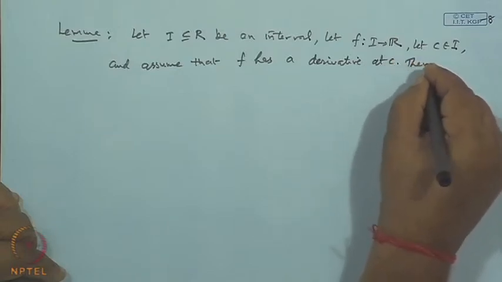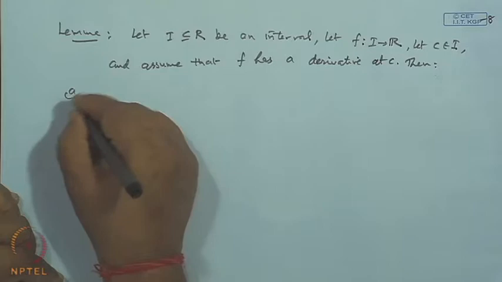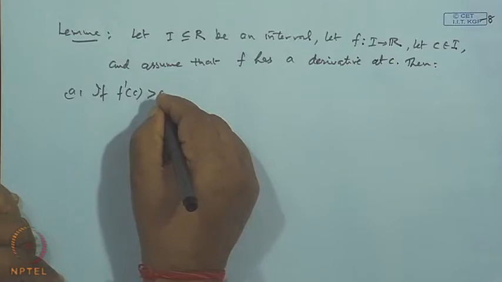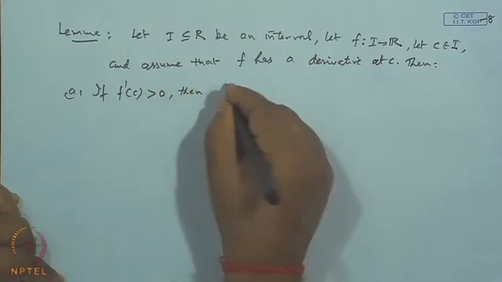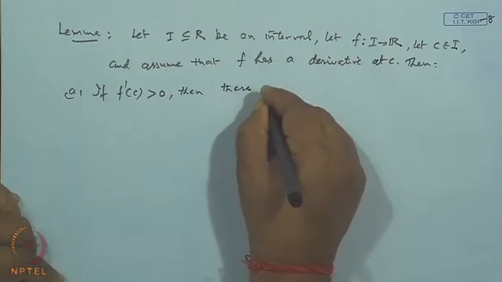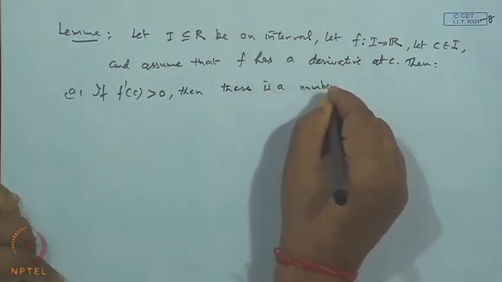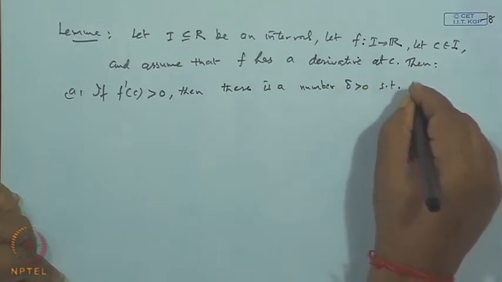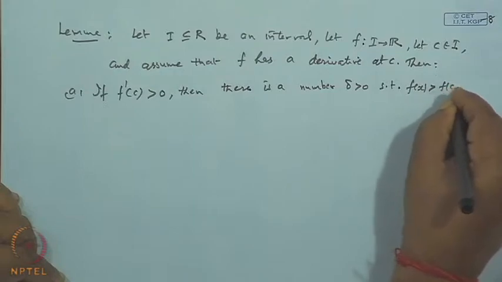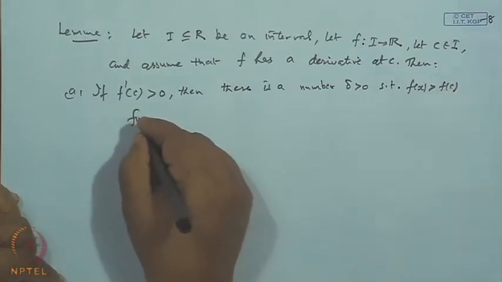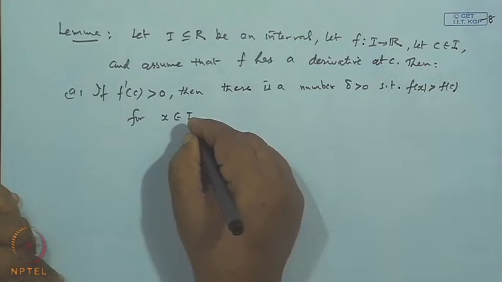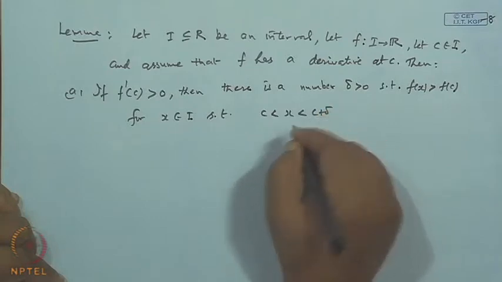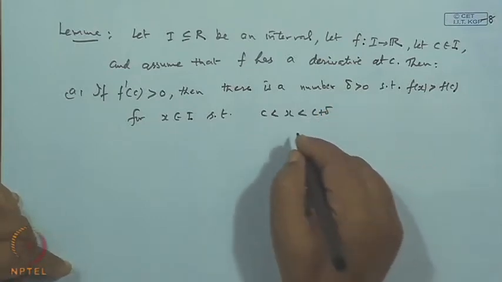Then this lemma says, if the derivative of the function at the point c is strictly greater than 0, then there is a number delta greater than 0 such that f of x is greater than f of c for x belonging to I, such that it lies on the right-hand side of the neighborhood of c.